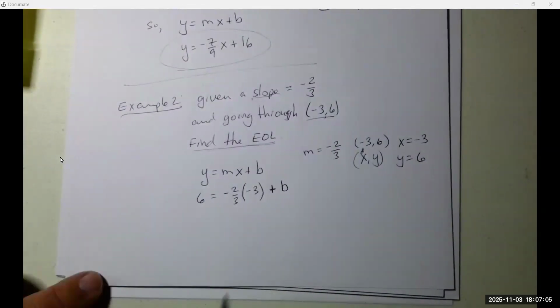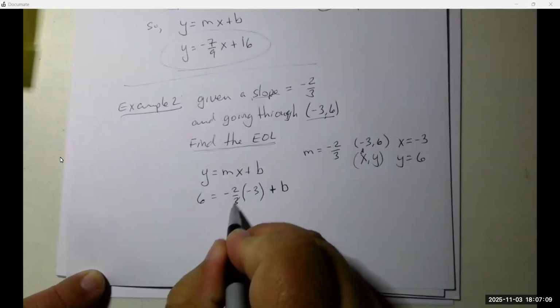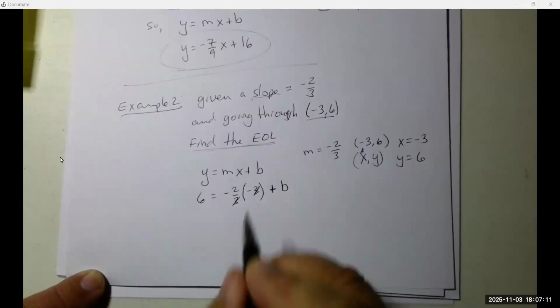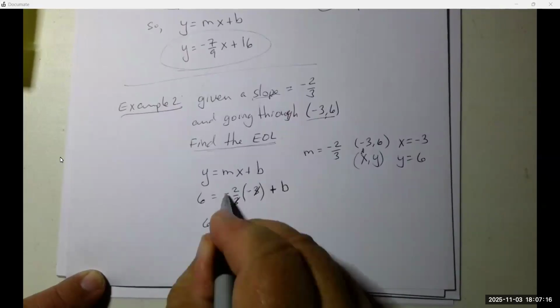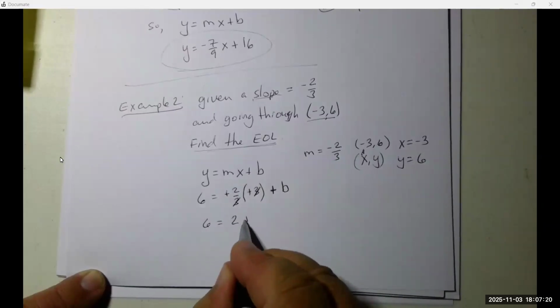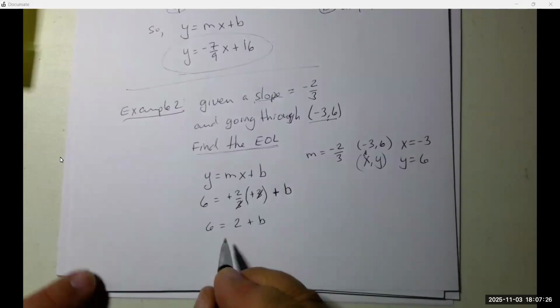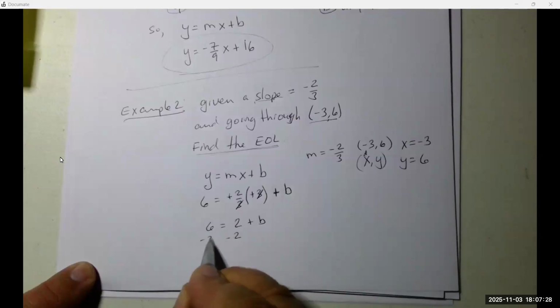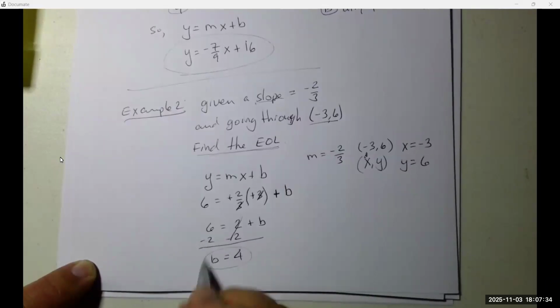All right, so let's simplify this equation. The 3's cancel here first. Negative times a negative becomes a positive, so those cancel. So we simply have 2 plus b. We have to get b by itself, so we subtract 2. So b, 6 minus 2 is 4.